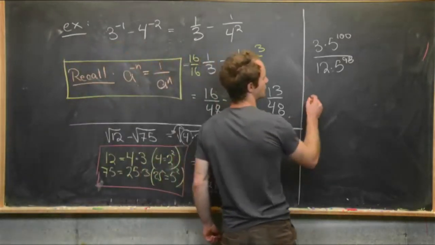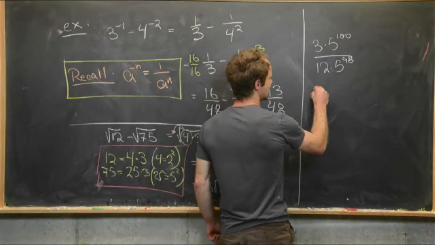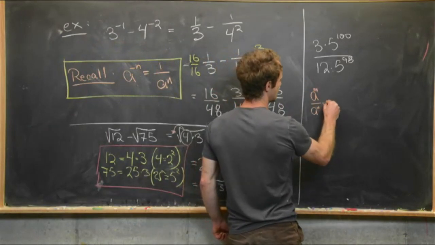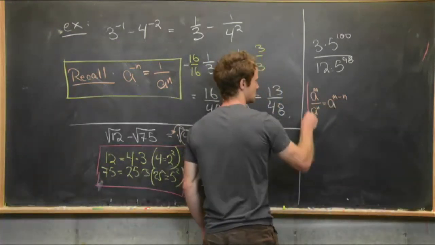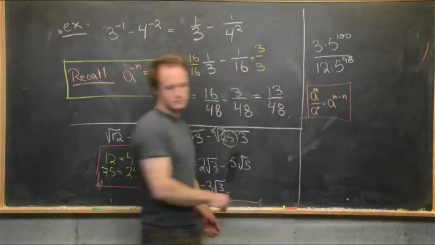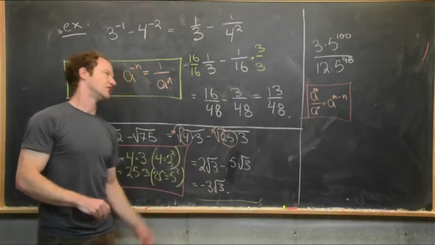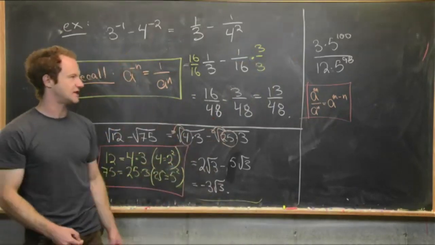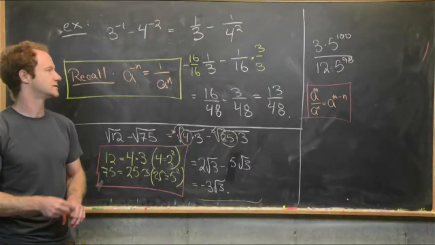So let's recall really quick that if you have a to the m over a to the n, that's the same thing as a to the m minus n. If you have the same base, in this case the base is a, and you're dividing two exponential things with that same base, it's the same thing as subtracting the exponents.